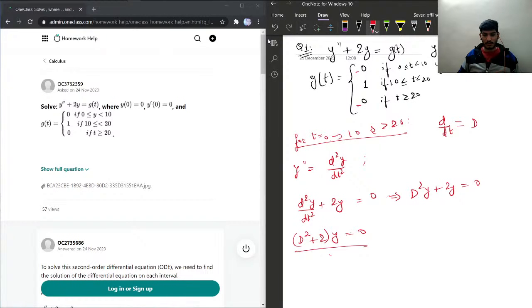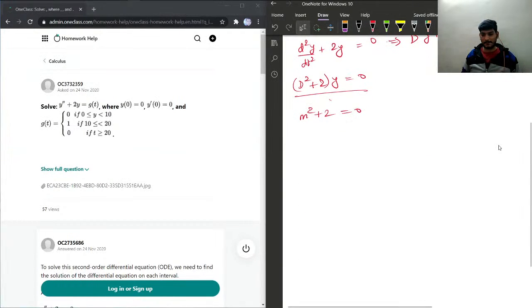So this D square plus 2, I can write as m square plus 2 equal to 0, and I'm going to solve this equation. So here m will be plus minus root 2 times i.